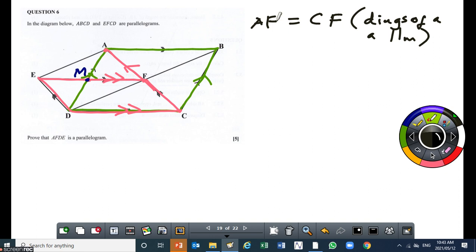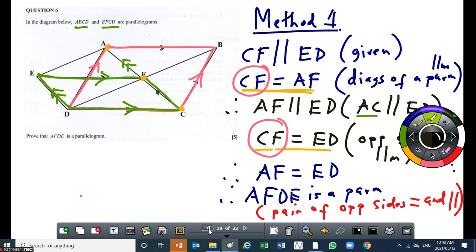At the same time, I'll say AF is parallel to ED. The reason we wrote it yesterday: we have got CF equal to AF.